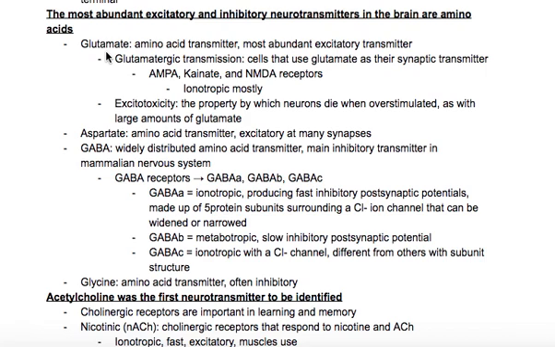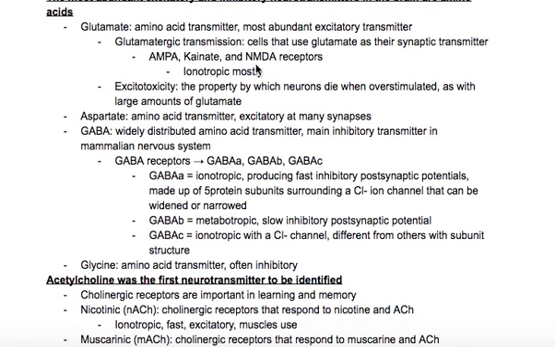Any cell that uses glutamate as its synaptic transmitter is described as using glutamatergic transmission, and these receptors include AMPA, kainate, and NMDA receptors. Most of them are ionotropic.